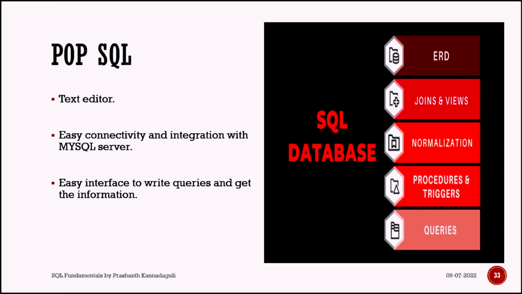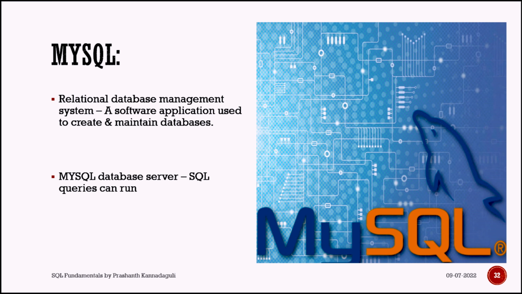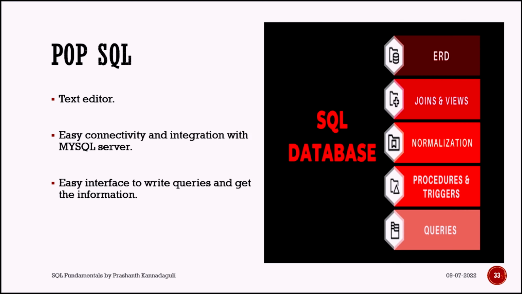Normally, first we'll install the MySQL server, and then the POP SQL part, so that we can integrate them. Then you can write the queries, retrieve whatever information we want from the server, and also modify it. So these are the two tools. Remember the names: first MySQL, and second POP SQL.